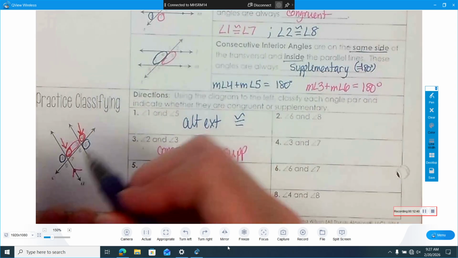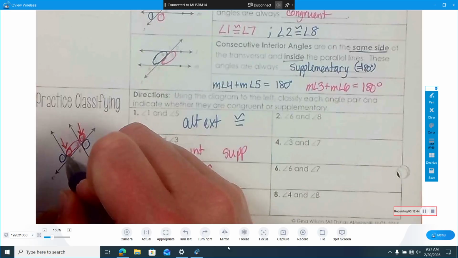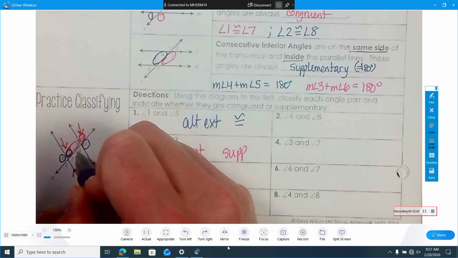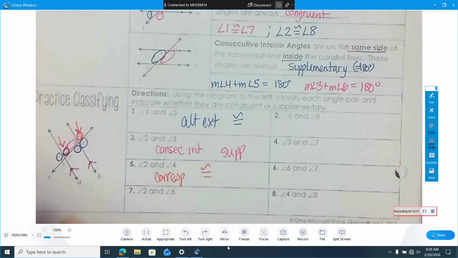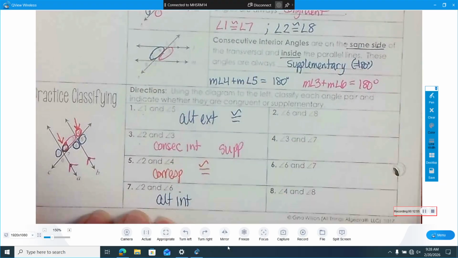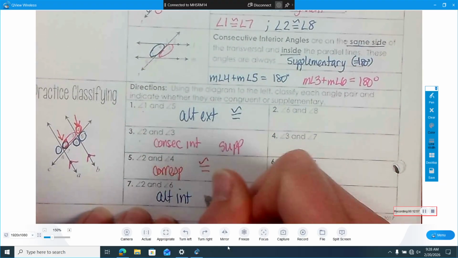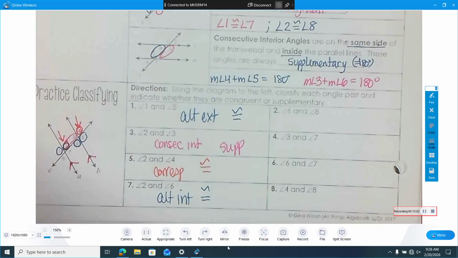What about angle 2 and angle 6? Yeah, so angle 2 and angle 6, they're on alternate sides, and they're in between the parallel lines. So that's alternate interior angles. Are they congruent or supplementary? Congruent. Yeah, the consecutive interior one is the only one that's supplementary.